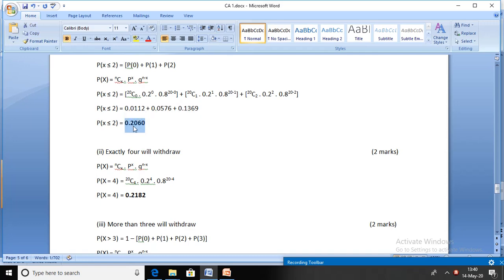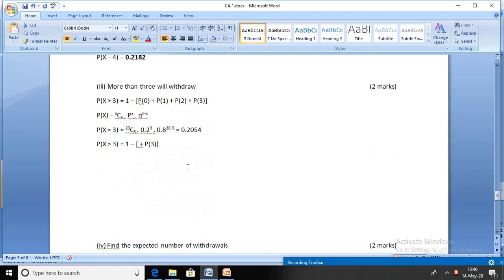That's what we calculated there. So just copy that, drop it here, plus the probability of 3, which is the value we've just calculated. So copy that, push it here. That's the probability of 3.